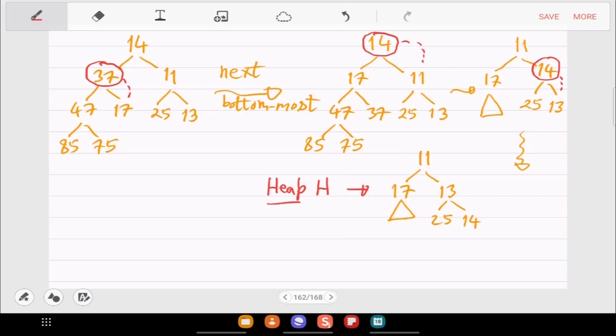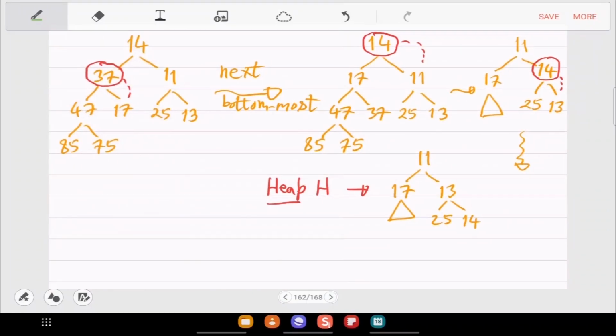Heap H is already implemented as an array, because you can see that the skeleton of this complete binary tree was not disturbed. Okay, so there is still this complete binary tree, and moreover it satisfies the heap axiom everywhere, the heap property is there. So maybe we can write that.